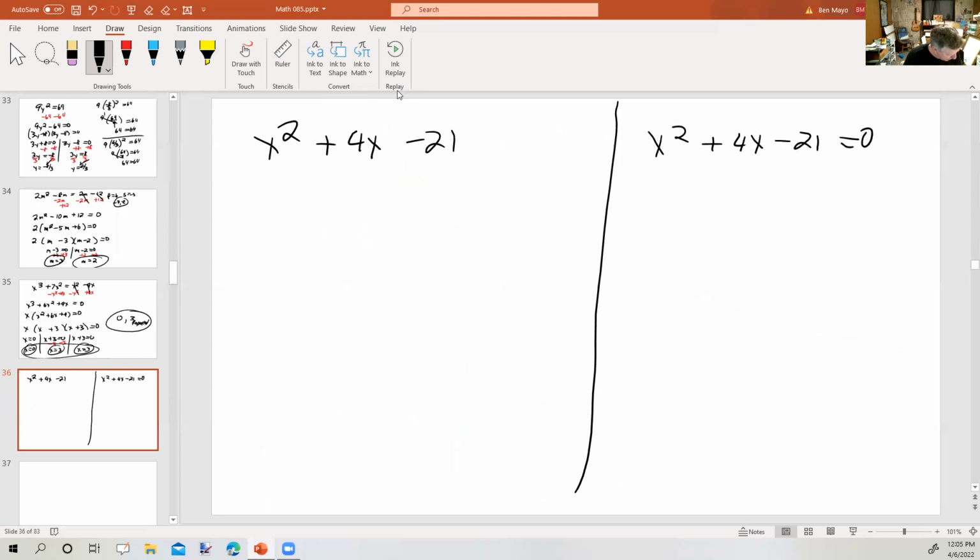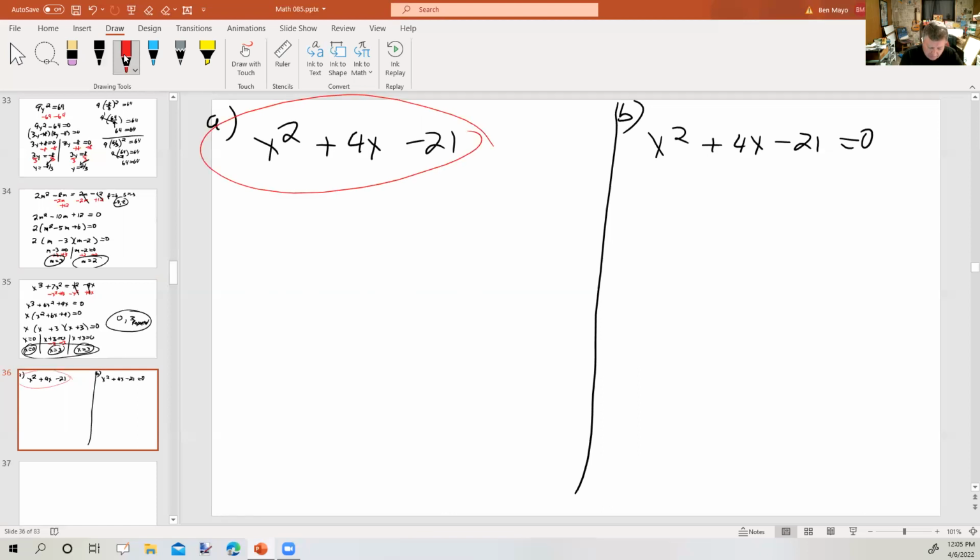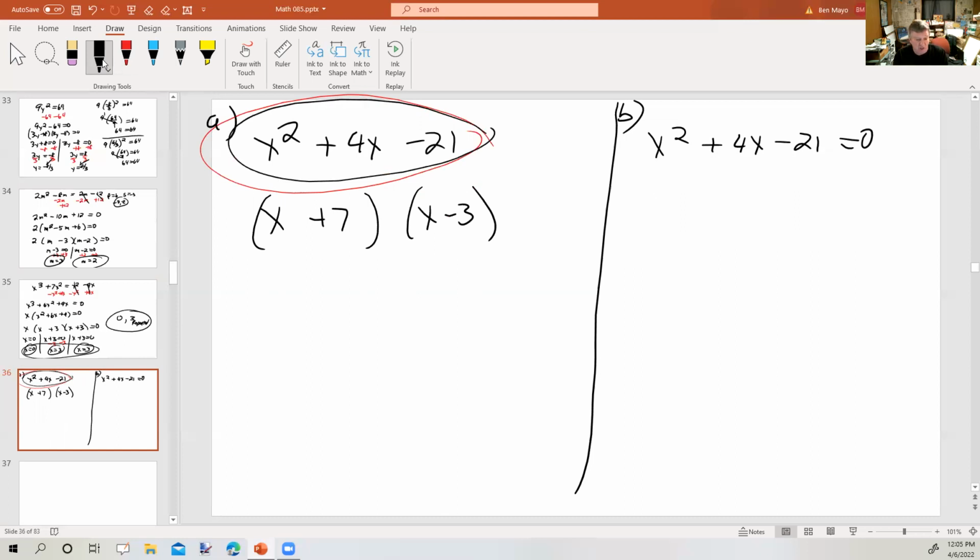It says factor the expression in part A and solve the equation in part B. A common mistake that students make is they take an expression, okay, and they factor it. Let's see, this is going to be that. But then they set it equal to 0 and solve it. But it's not an equation, so don't turn it into an equation. Okay, you can't say x is -7 and x is 3 because this is not set equal to 0, so you can't make any assumptions other than you can factor it.